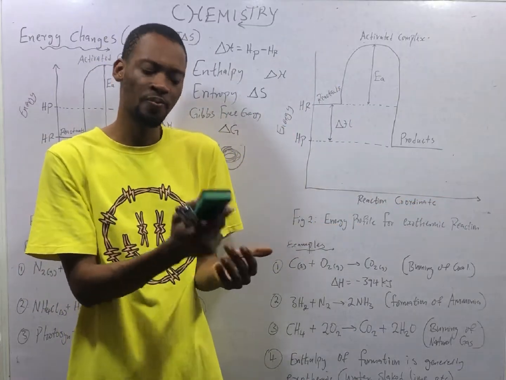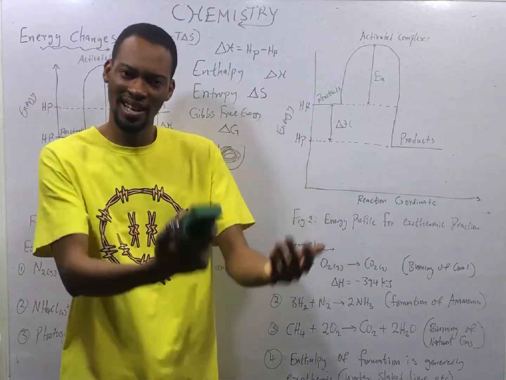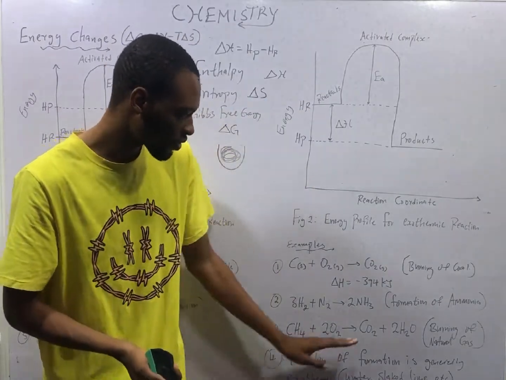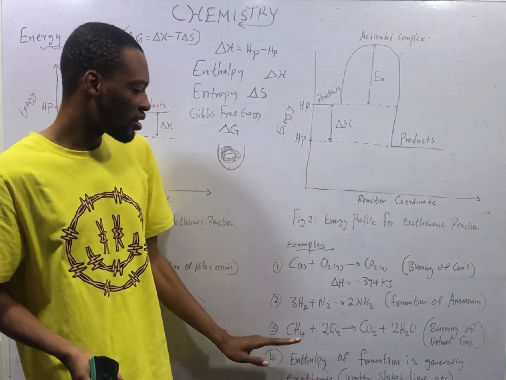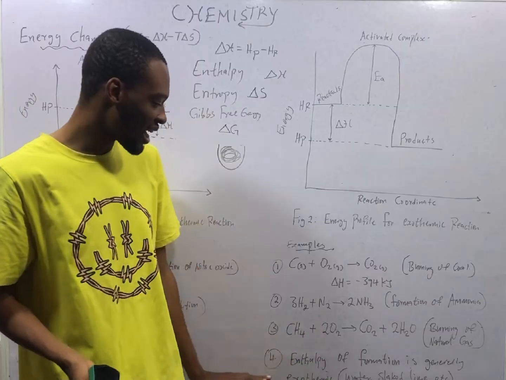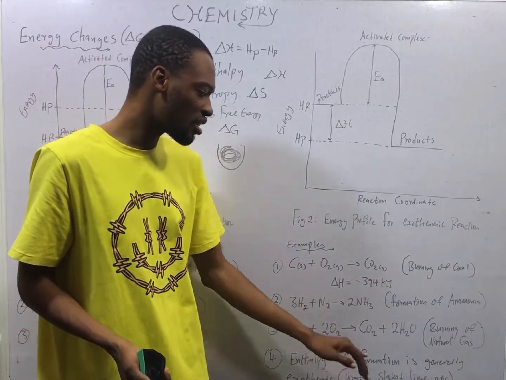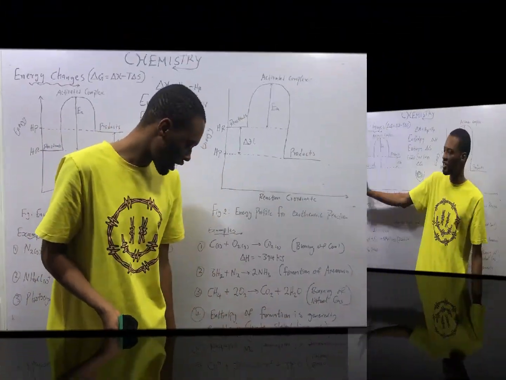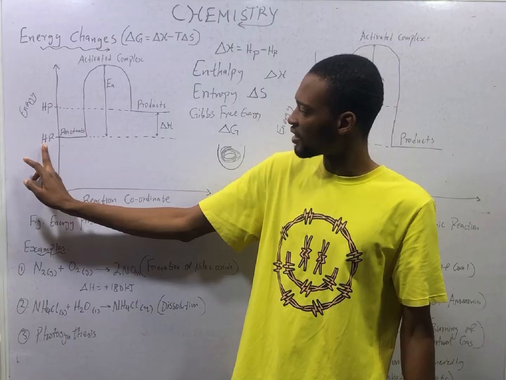Anytime you see delta H positive, it shows that it is endothermic and heat is absorbed. Now, formation of ammonia is exothermic. Burning of natural gas, methane, in oxygen is exothermic. We form carbon dioxide and water. This is the heat of the product. This is the heat of the reactant.